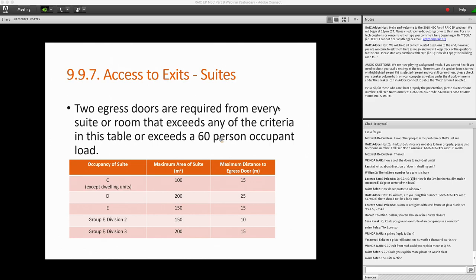In addition to that, you also have to check NBC table 9.9.7.4 to check the area of the room or suite and also the travel distance from any point within the room or suite to the egress door. If the travel distance, for instance, in a group D office space, to an egress door is more than 25 meters, you have to provide another egress door to serve that area. If the area of the room or suite in a group D occupancy is more than 200 square meters, then you have to provide a minimum of 2 egress doors to serve the room.